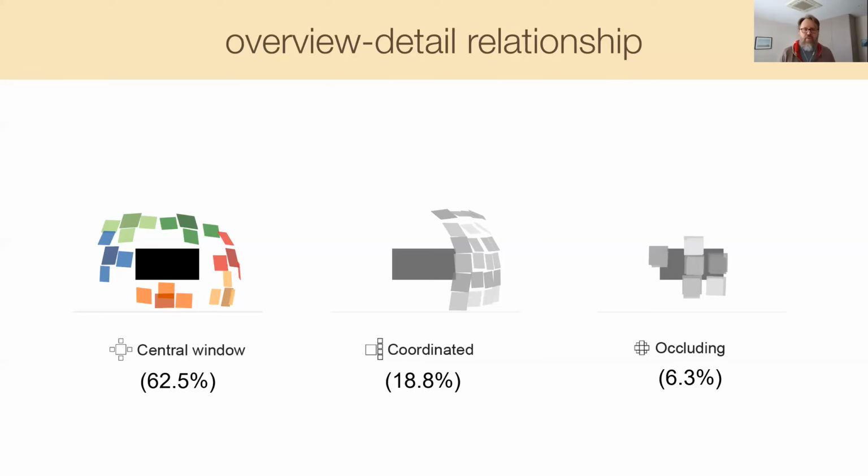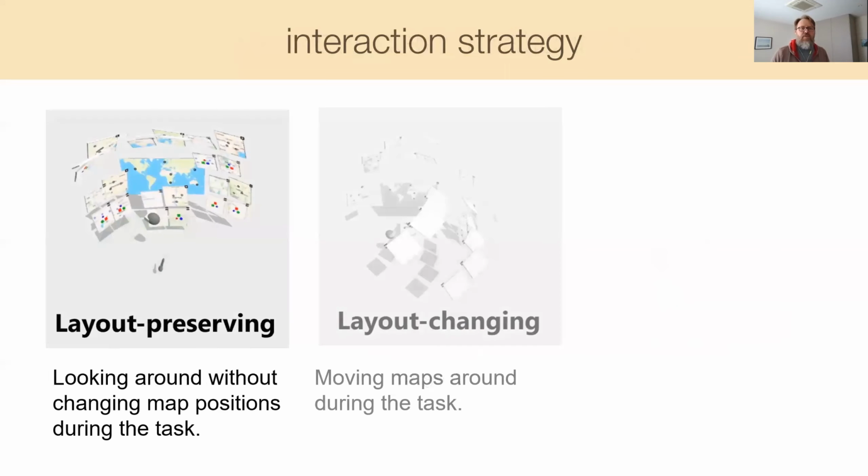They would have the big overview in the middle, and they would place everything around that within this spherical cap. He also noticed some interesting patterns in the way people approached the tasks. Some people organized all the maps at the beginning of the task and left them there, and then completed the task in the second part.